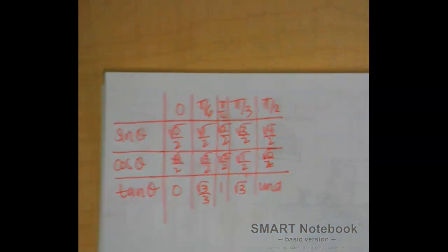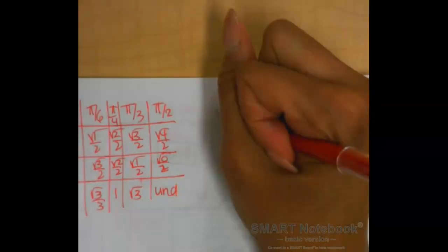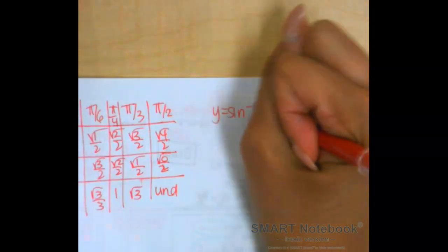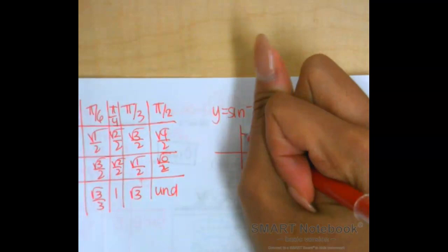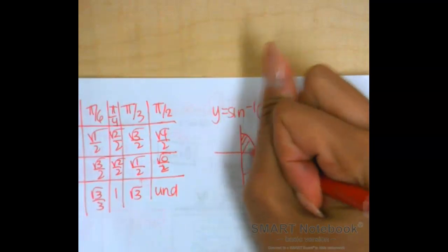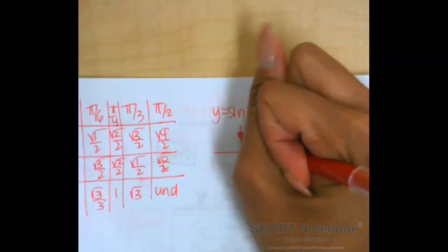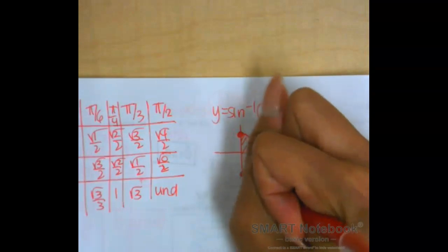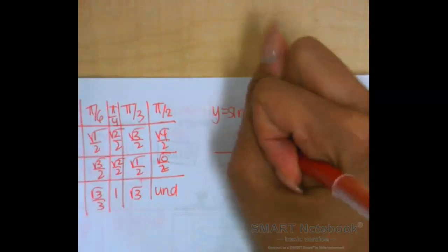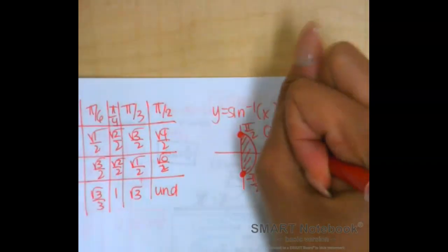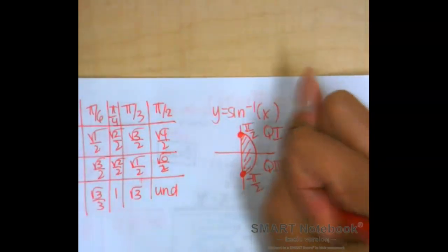In the space at the top, I'm also going to label what your sine inverse restrictions look like. So it should be in the first two quadrants, quadrants 1 and 4. And you can include, this is why these are closed dots, these big bubbles that I'm drawing, these are closed dots. You can include negative pi over 2 and positive pi over 2. This is in quadrant 1 and quadrant 4.